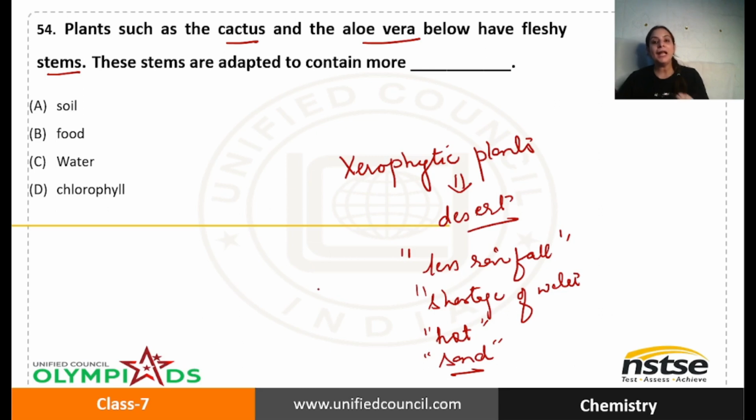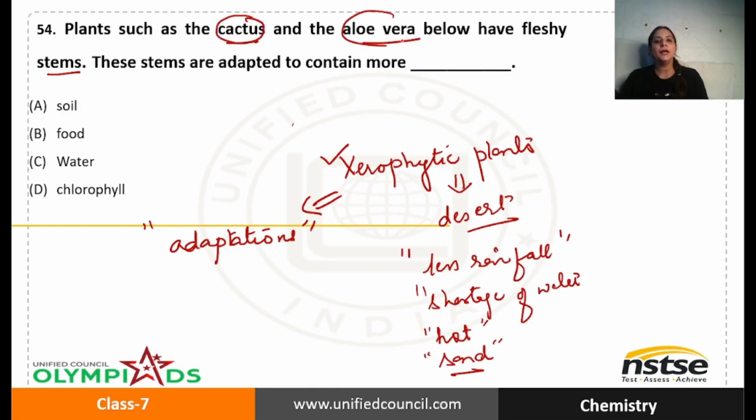The plants and the animals, their survival is very difficult, but xerophytic plants can survive. The reason being, the plants and the animals have special features which help them to survive better in these extreme conditions, and this is called adaptations.